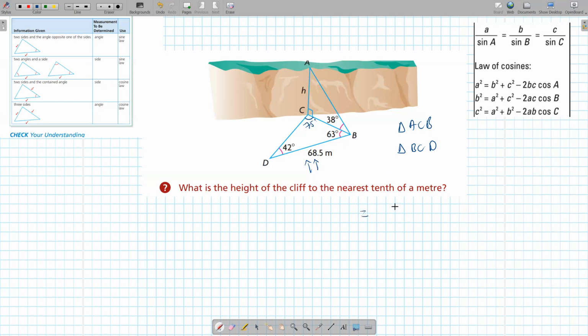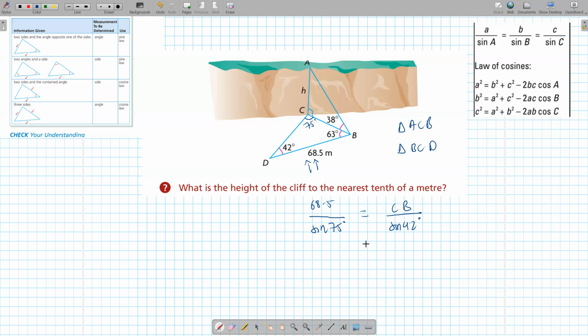So CB should be in the numerator, okay? And the angle opposite to CB is 42. What goes on the left-hand side of this equation? Again, we're just using the sine law in the bottom triangle. It'll be 68.5 over what? Sine 75? Yeah, exactly.